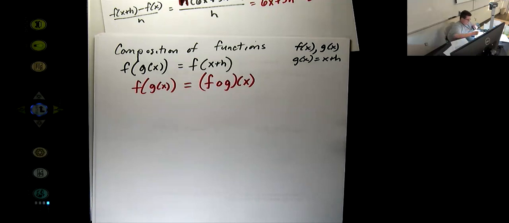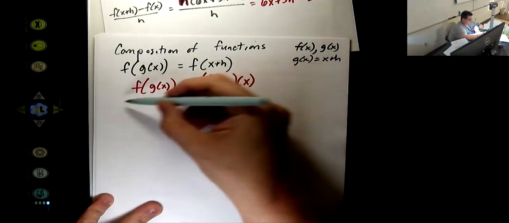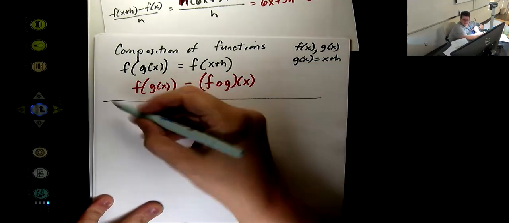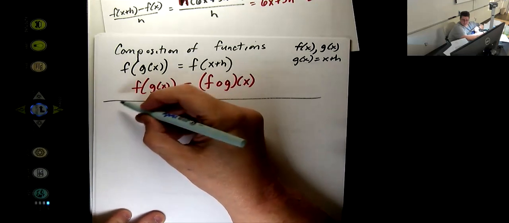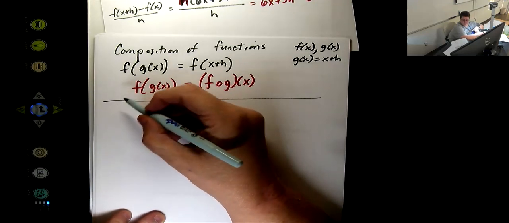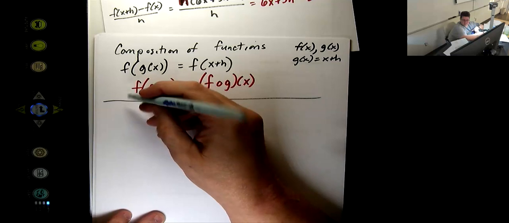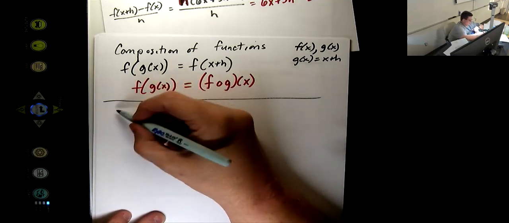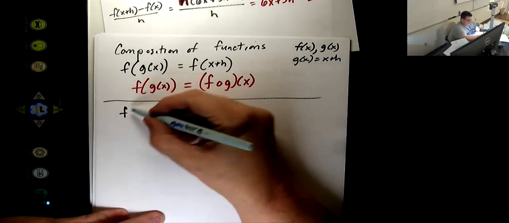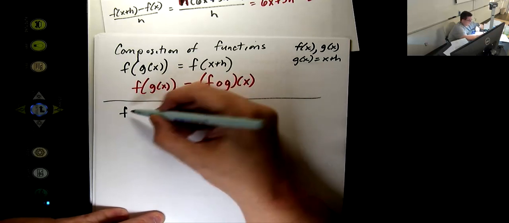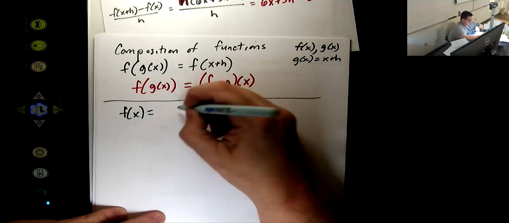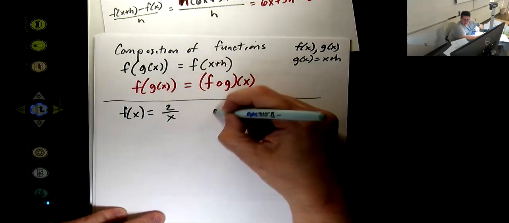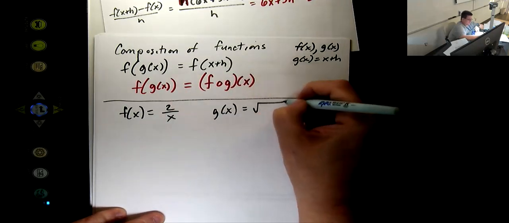All right, let me give you an example. I'm gonna say f of x equals 2 over x. g of x equals square root of x plus 4.